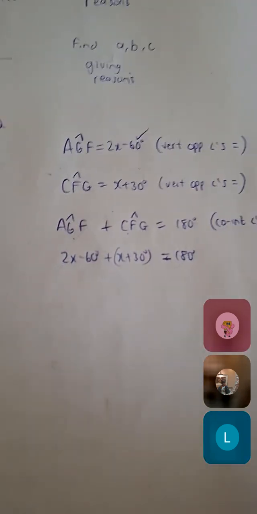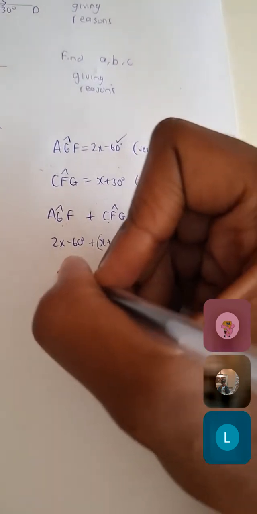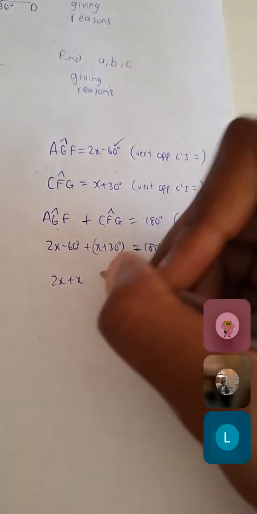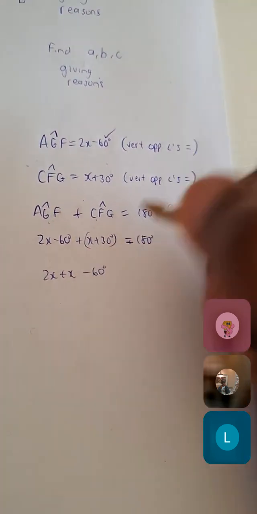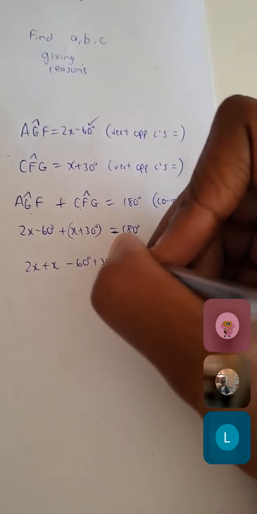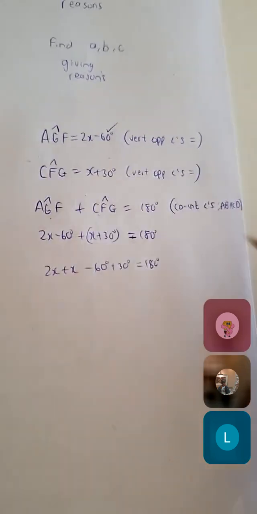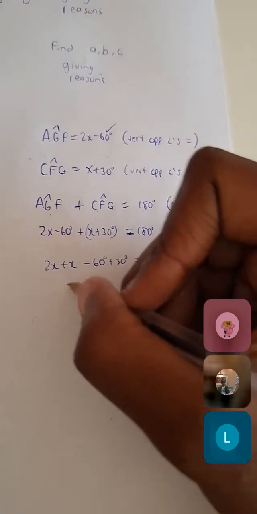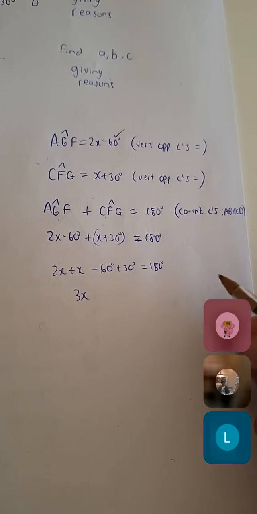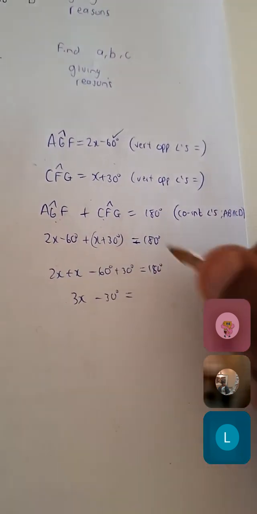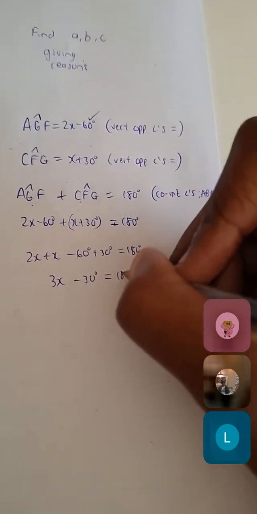You tell me: 2x plus x is equal to 180, then 3x minus 30 is equal to 180.